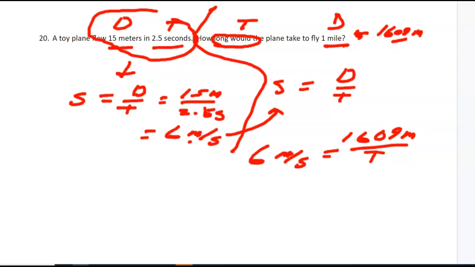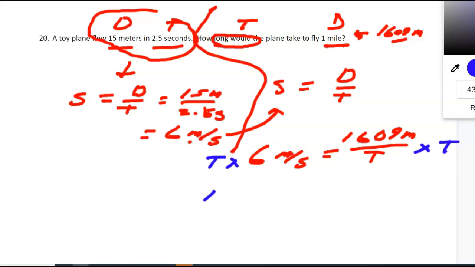And now here we have to get time by itself. Again, it's stuck on the bottom of a fraction, so I'm going to multiply both sides by time. And I'm going to be left with time times 6 meters per second on the left. On the right, the times are going to cancel out. Dividing by time and multiplying by time undo each other. So I'm left with 1,609 meters.